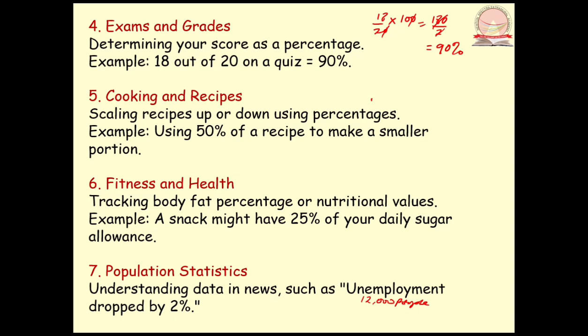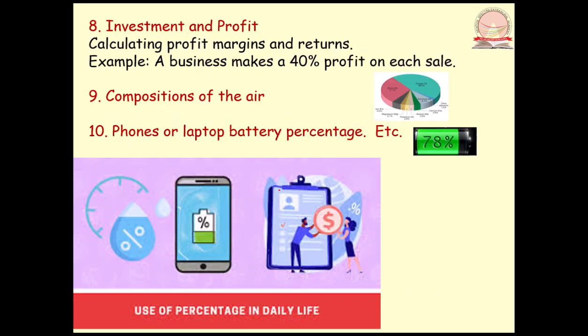How can we determine the number of people that are unemployed? What we need to do is to say 2 over 100 times the total number of people in the state or country, that is 12,000. So if we reduce this, we're going to be having 240. That is 240 people are unemployed out of 12,000 people. That's how to figure out the number of people that are unemployed using the knowledge of percentage.